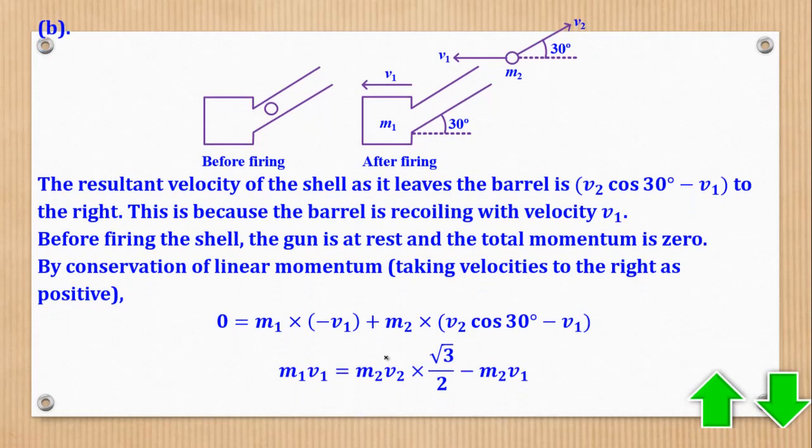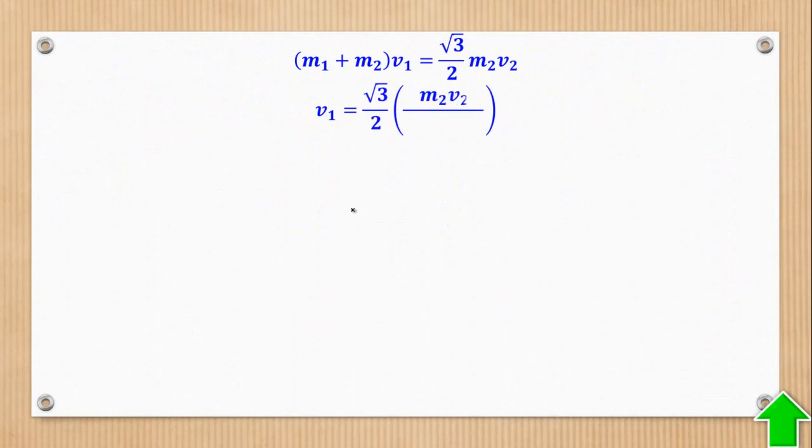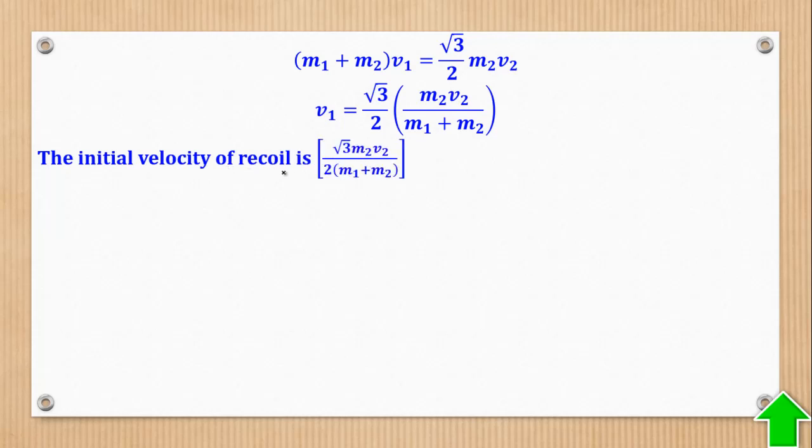Substitute, collect like terms, and make v1 the subject. Therefore, the initial velocity of recoil is that. But they also wanted the force.